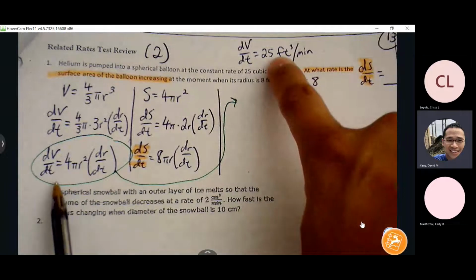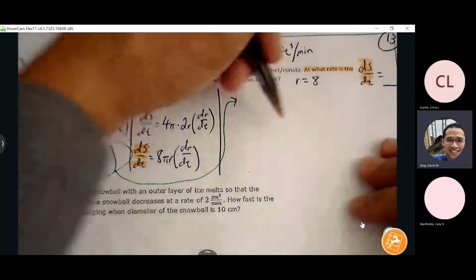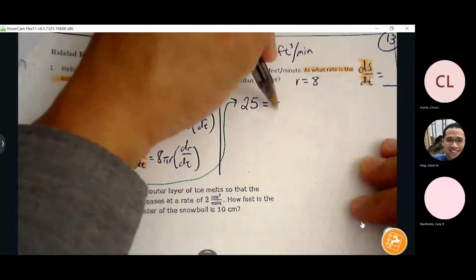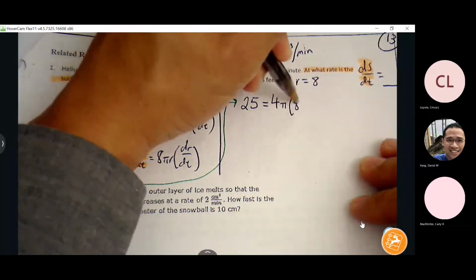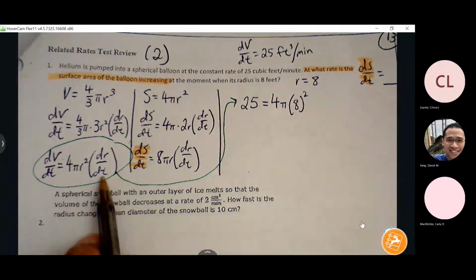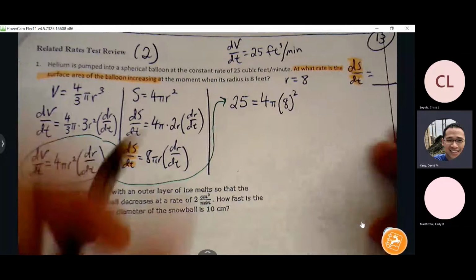Place 25 in for dV/dt. Place 8 in for R. Get the dR/dt.